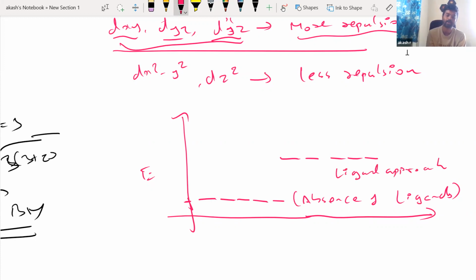So since the ligand is approaching, can someone tell me why the energy of the d orbitals is increasing? We saw an octahedral, right? Why is it that the energy of the d orbitals is increasing when the ligand is approaching? In the absence of ligands, lesser energy, but if the ligand is approaching, they are going to increase in energy.